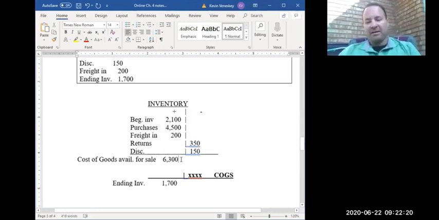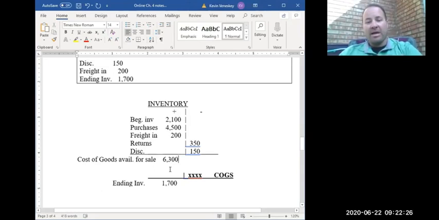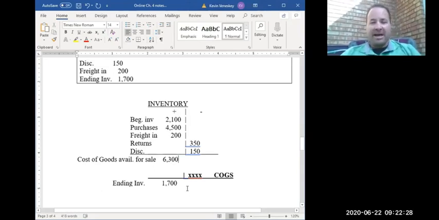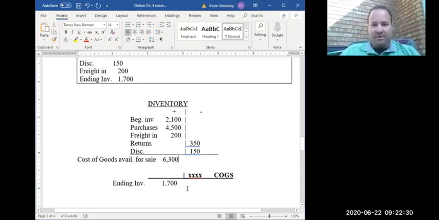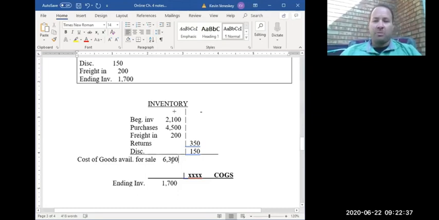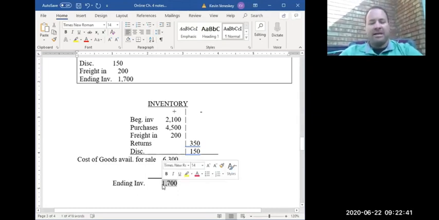So I just divide this by 100 and I say, oh, that's $63 a piece. Then at the end of the day or the week, I added up all of the items that I had, and if it was 10 items or 20 items or whatever it was, then I would multiply that by the $63 a piece. And that's how I would come up with this number, the $1,700.